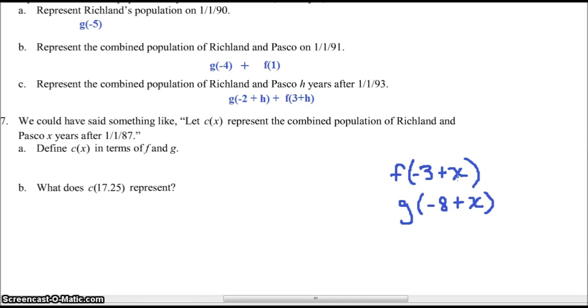And then if I skip up to x equals 3, that'll be 3 years after 1987. That will be 1990, and then I'll get back to normal. I'll have f of 0. Same thing here with g. 1987 is 8 years before 1995, the reference point for g. So we can combine these two functions to get c of x.